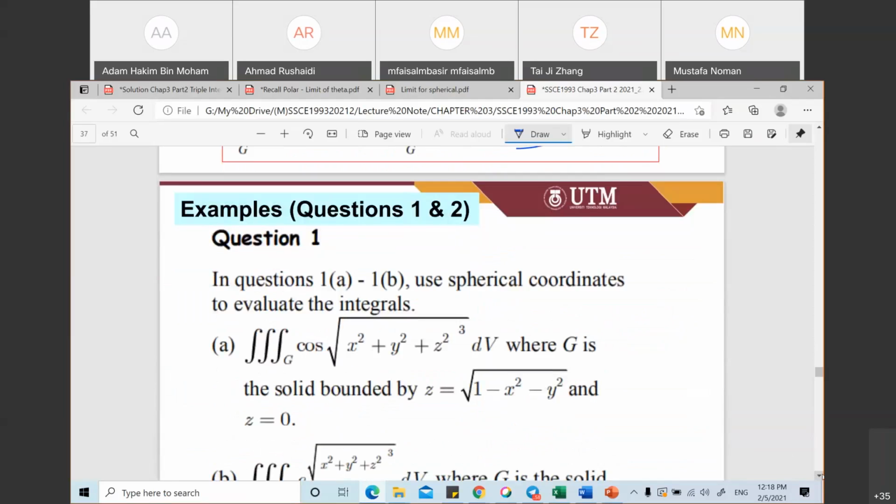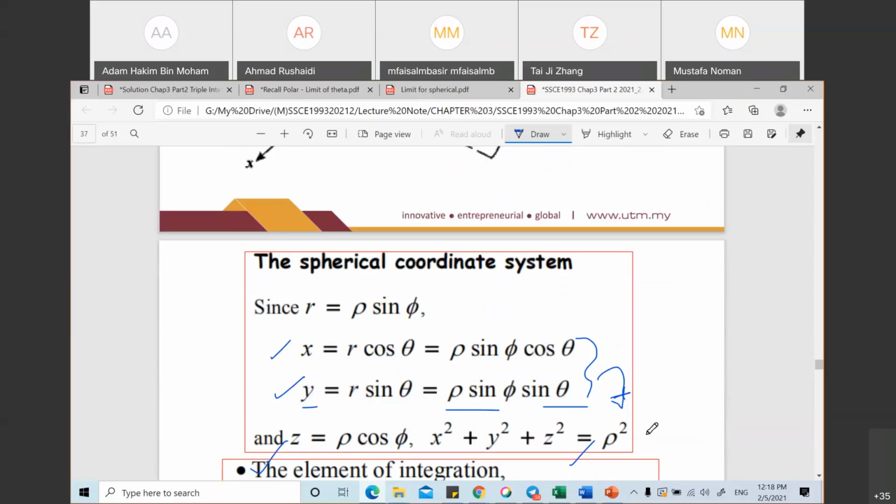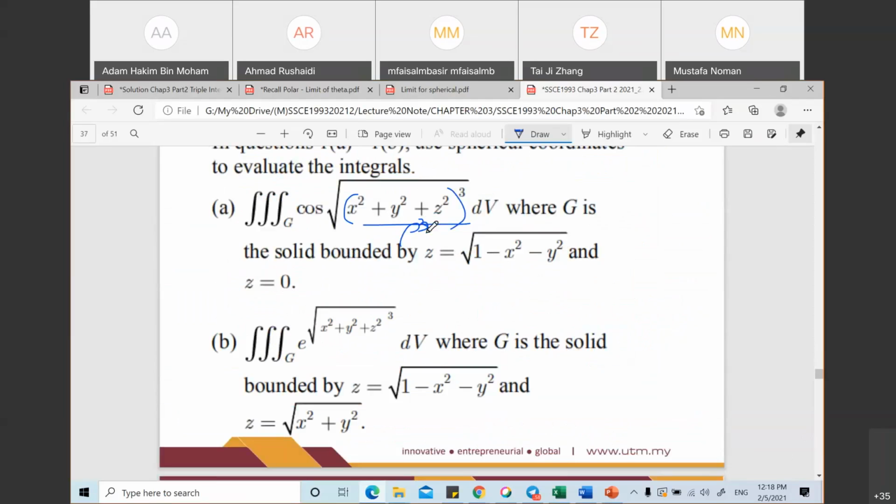So we see some questions so that you can understand. Use spherical coordinate to evaluate this. So this is what? Let's say I put it like this. So this is just rho squared, cubed. So you might be confused, but if you know the concept, it will be easy.